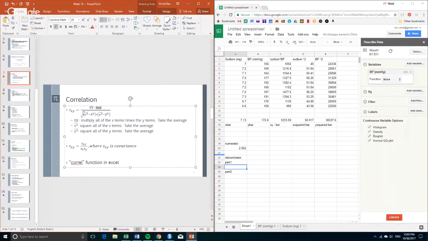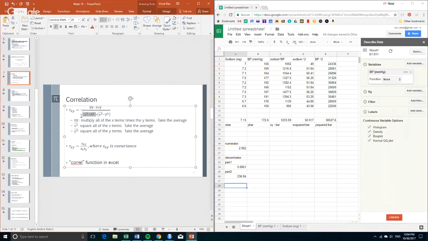Part 1, and this is all going to go inside that square root sign, is x squared bar minus x bar squared. So x squared bar is the sodium level squared, minus x bar squared, so x bar times itself. Same thing for the second part: y squared bar minus y bar times itself, y bar squared.